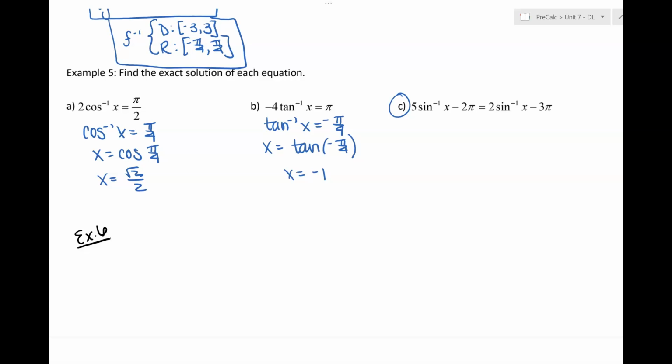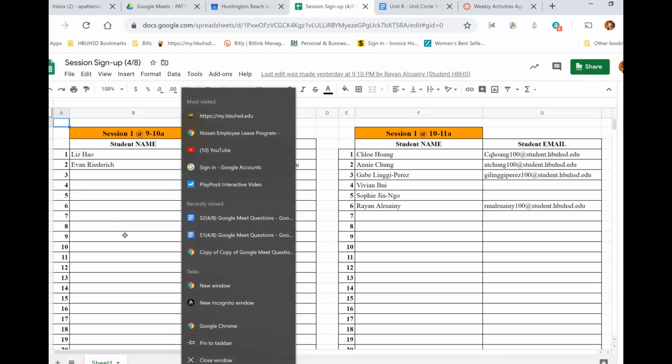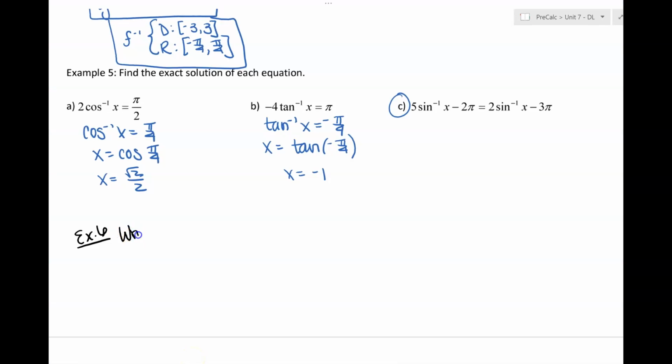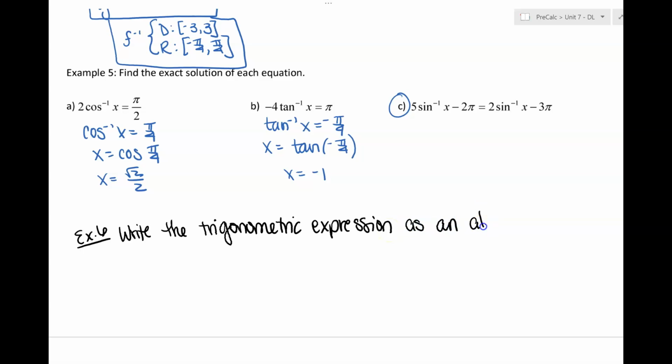It says write the trigonometric expression as an algebraic expression in U.